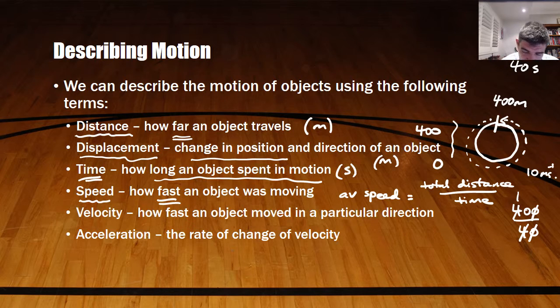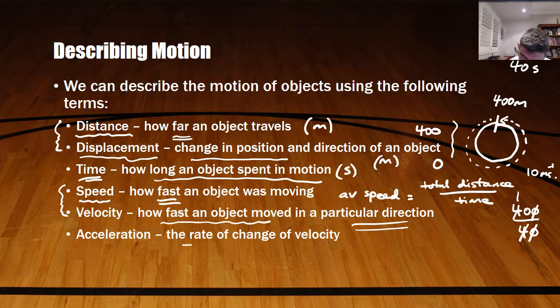Similarly to the groupings of distance and displacement are the groupings of speed and velocity. Velocity is the same as speed in terms of its magnitude. That is, it's also a measure of how fast an object was moving, but it tends to specify a particular direction. So in velocity, we're actually looking at the direction of that motion, just as we did with displacement.